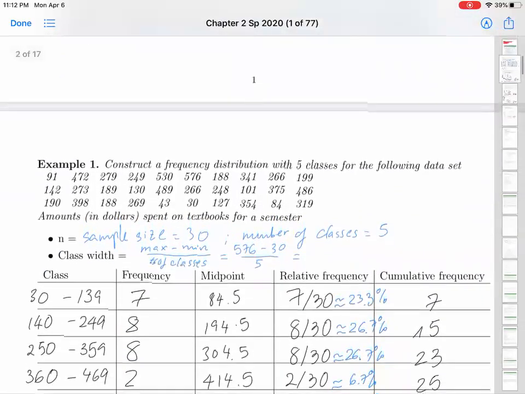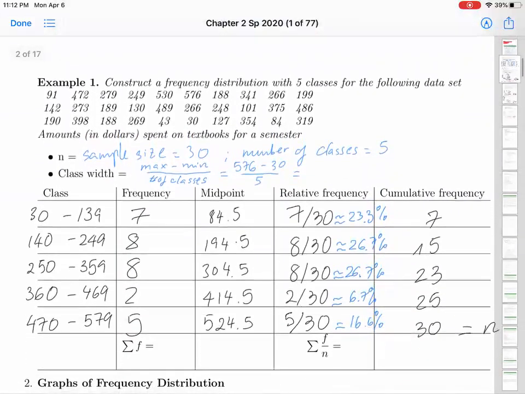All right, let's look at this example. This example is samples of 30 numbers that represent the amounts in dollars spent on textbooks for a semester.